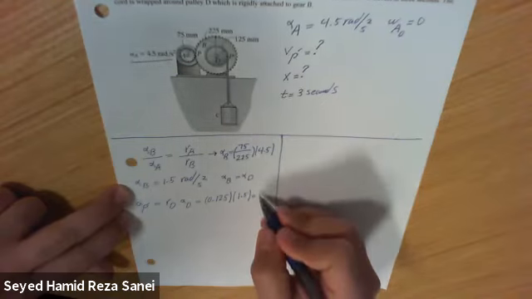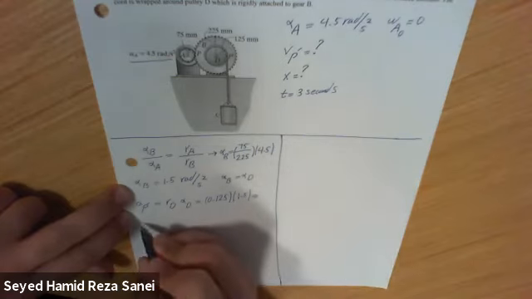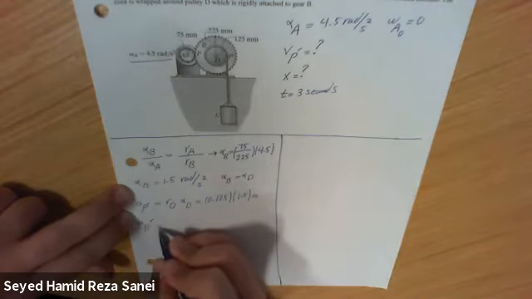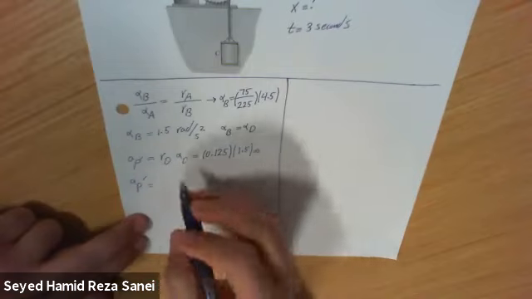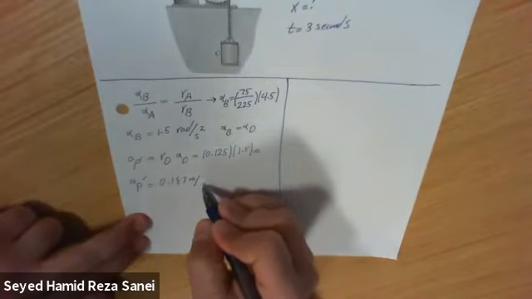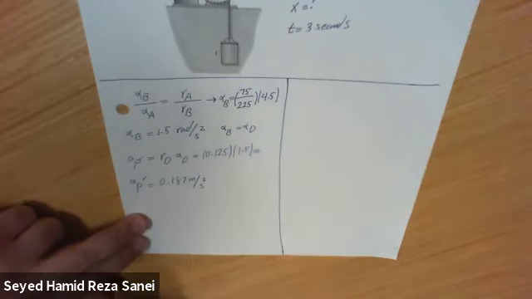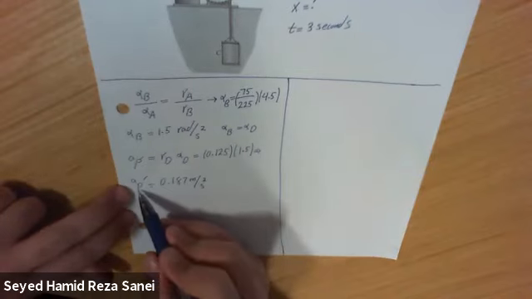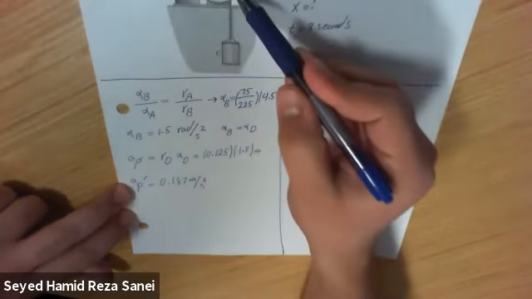Then I will get 0.187 meter per second squared. Let me write it here. So if I have the acceleration of this point, I can find a velocity.